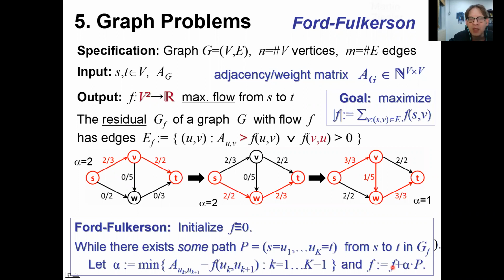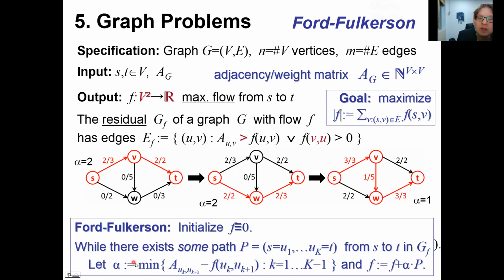And this also leads to a runtime analysis of Ford-Fulkerson. How long will Ford-Fulkerson run? Well, there's this big loop: while there exists some path. Finding a path is an invocation of Dijkstra's algorithm, which runs in time proportional to m, the number of edges.